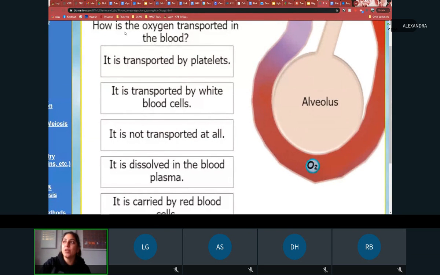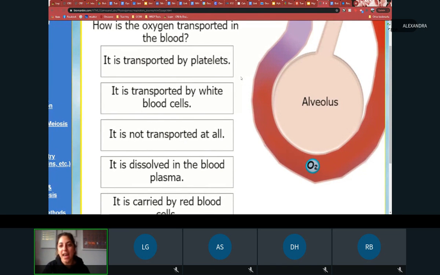How is the oxygen transported in the blood? And then the answers are it is transported by platelets, it's transported by white blood cells, it's not transported at all, it is dissolved in the blood plasma, or it is carried by red blood cells. Okay, so we've got a couple of answers.